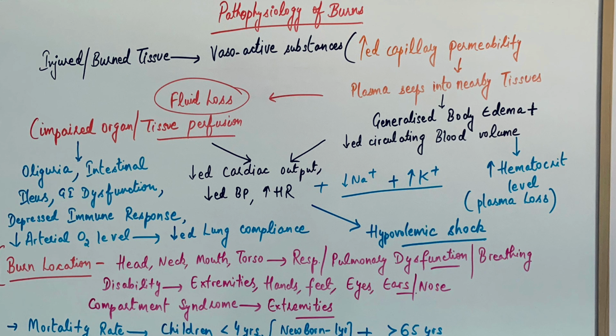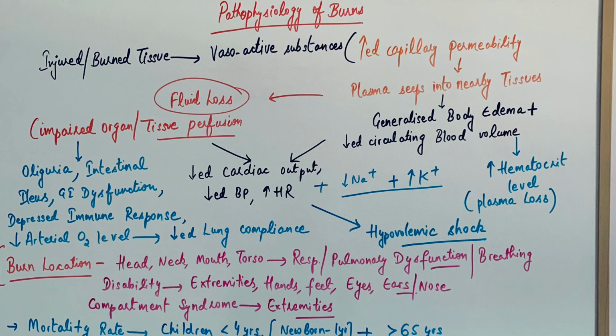Moreover, because the body has less amount of fluid, it can lead to decreased cardiac output also. Cardiac output is related to tissue perfusion. Because the cardiac output has decreased, it can lead to decreased BP.